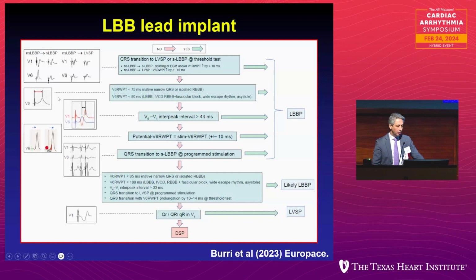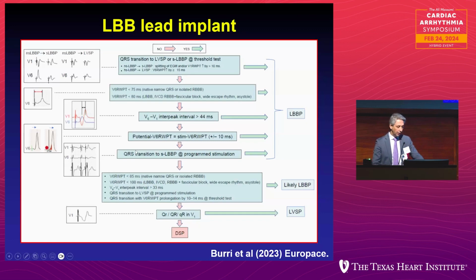Then you can use the peak activation time in V5, V6, and the most specific is if you use a 75 millisecond cutoff for a native narrow QRS, and 80 milliseconds if you have left bundle branch block, IVCD, or right ventricular or wide escape rhythm. Then you could use the inter-peak interval, which, as you screw the lead deep, basically you activate the lateral wall sooner, but you have some delay in activation of the right ventricle, and that's the basis of that.